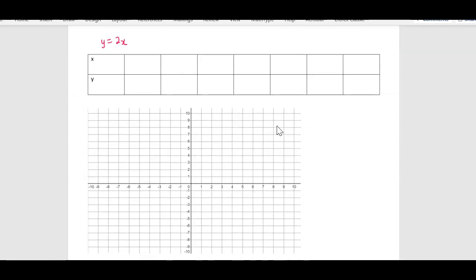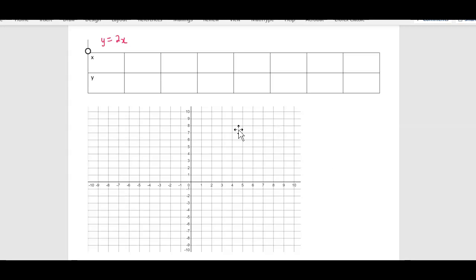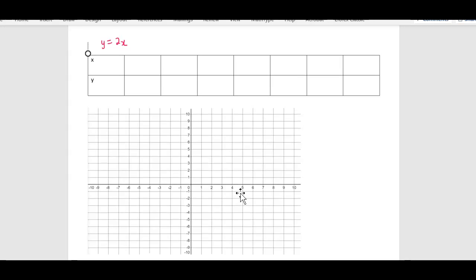So if I'm sketching on here, you can see I've got negative values as well as positive, but on your table of values, you can put absolutely any number in that makes sense, really. You probably wouldn't do 100. So you can start off at 0. It just means when you're sketching, it might not be as straight as if you did some negative values. So I always encourage you to do both negative and positive.